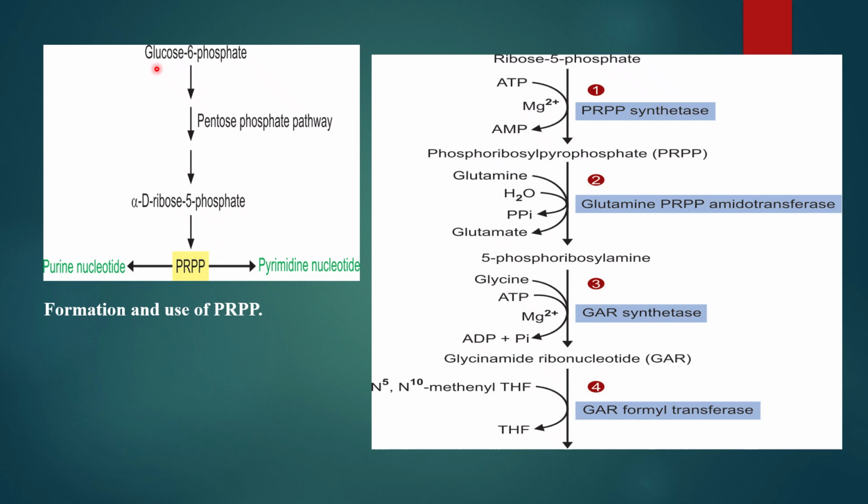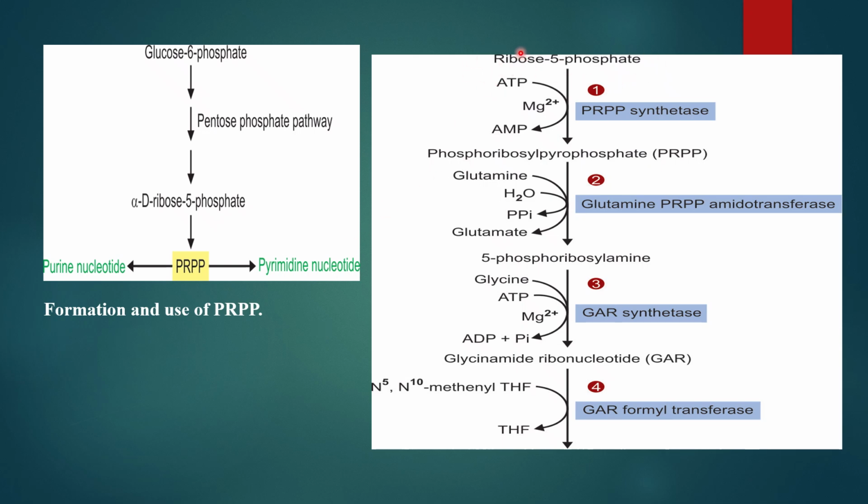PRPP is synthesized from glucose 6-phosphate, and via the pentose phosphate pathway it delivers ribose 5-phosphate, because the PPP pathway is an important source of ribose phosphate as well as NADPH. This ribose phosphate is converted into PRPP, which can further be utilized for synthesis of purine nucleotides as well as pyrimidine nucleotides. So we'll discuss purine nucleotide synthesis here.